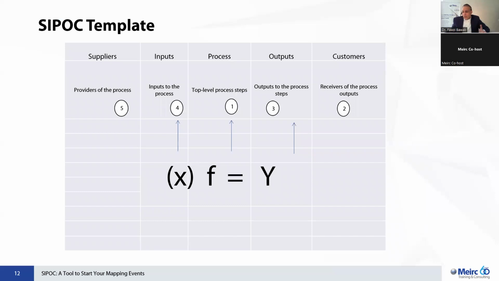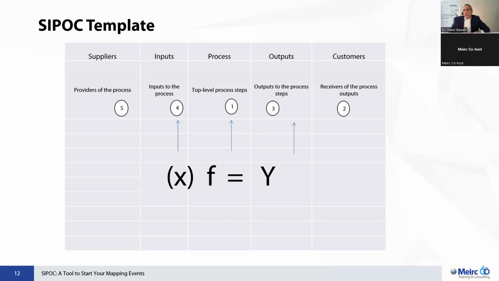So what is it? Well, there are different templates. One of them is what we refer to as the tabular format or the table format, which is in front of us. It's basically trying to list and identify, within the team that is formulating the SIPOC, the different elements, the people in terms of customers or suppliers that are interacting with this process. If you look at the template here, it is important to start identifying the following.